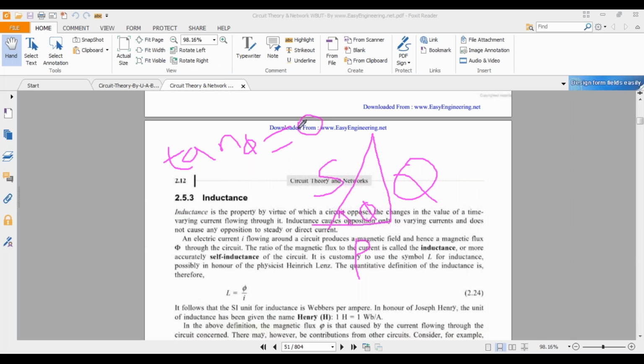Q is called a reactive power and P is called an active power.